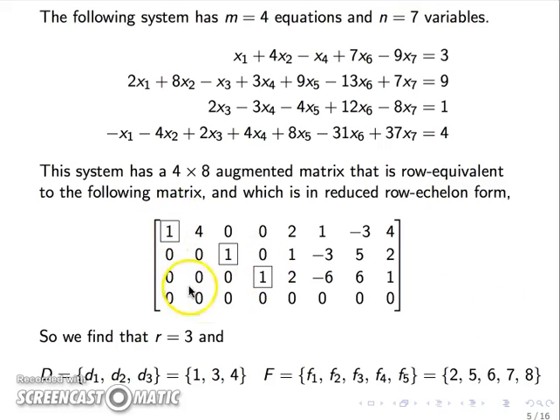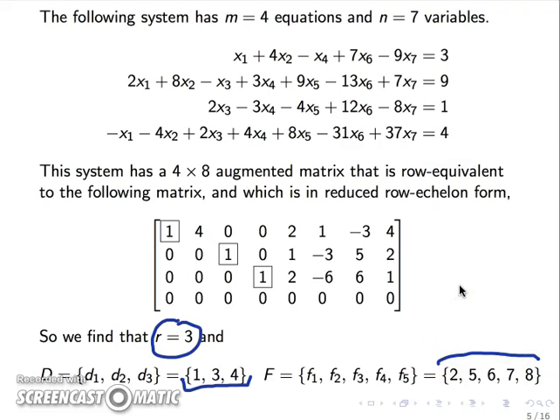In this case, the augmented matrix has this RREF. We see that the number of non-zero rows, or the number of pivot columns, is 3, and the set storing the indices of pivot columns is D, containing 1, 3, and 4, and then capital F containing all the other indices: 2, 5, 6, 7, and 8.